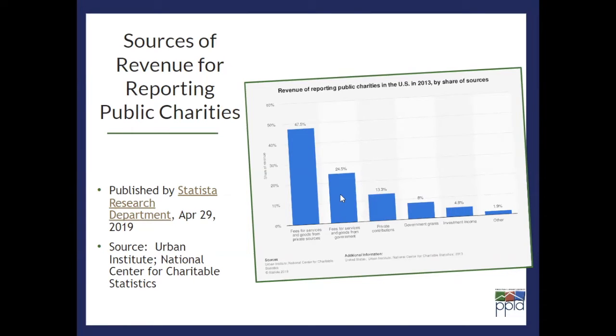And fees for services and goods from the government, that's mostly going to be Medicare and direct grants and things like that. So that would be like public universities that are supported by taxpayers in the state and receive government grants for research. Institutional grant makers like foundations fit into the private contributions category right here, which includes foundations as well as corporations and individual donors.